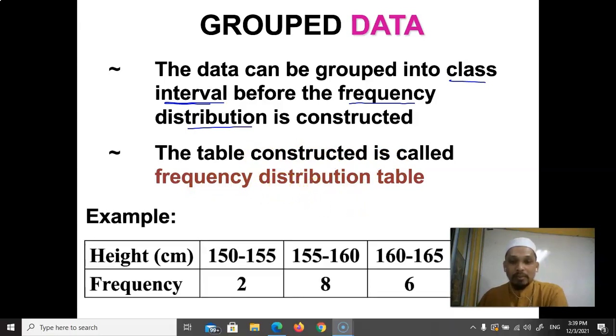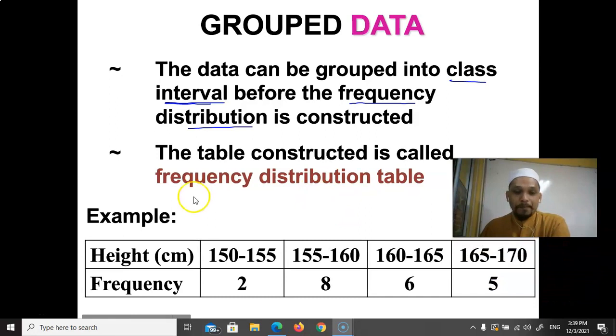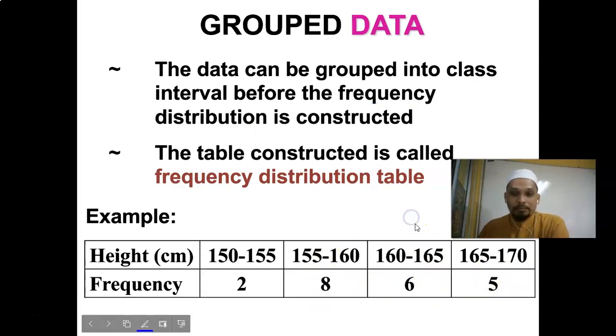For example, here, the number of students whose height is between 150 to 155 centimeters, there are 2 of them. And the height 155 up to 160 centimeters, there are 8 of them, and 6 and 5.